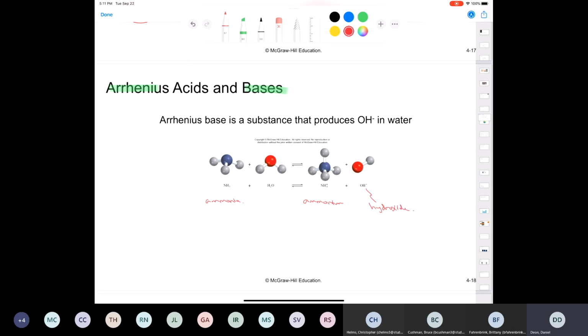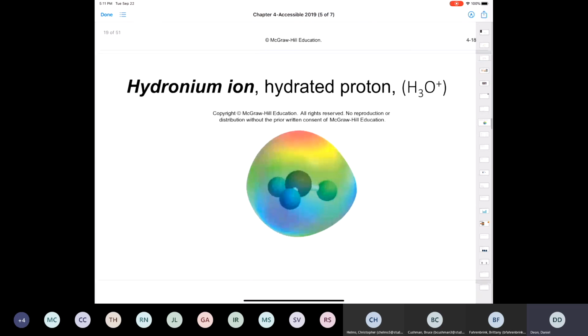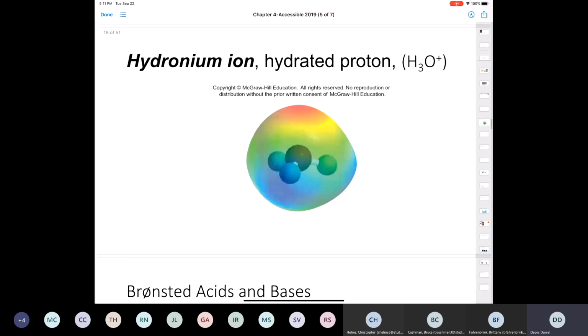Okay? So again, you have to know the Arrhenius definition of an acid. It's a substance that produces hydronium ions in water. And Arrhenius said that a base is a substance that produces hydroxide ions in water. Here's an electrostatic potential map of the hydronium ion, which is basically just a hydrated proton, because I told you that water is a polar compound.